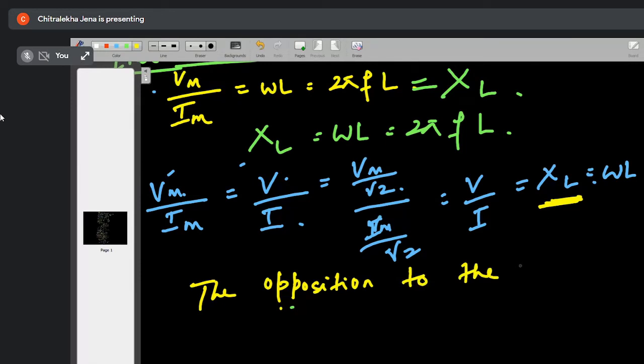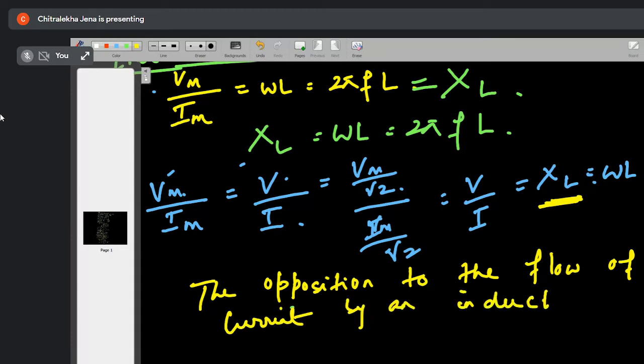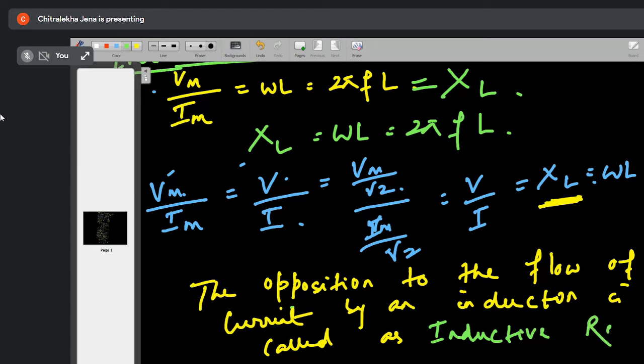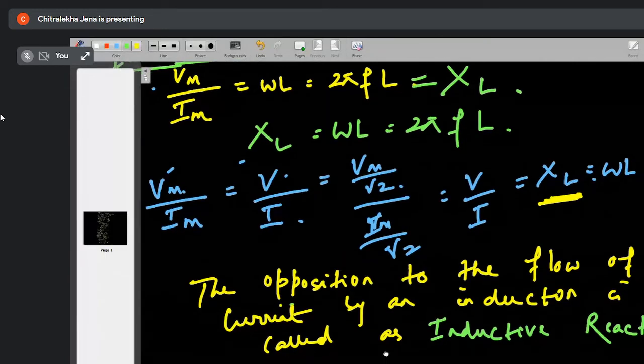The opposition to the flow of current by an inductor is called inductive reactance. Understood all of you? All of you got it? Yes, ma'am. Inductive reactance. Very good.